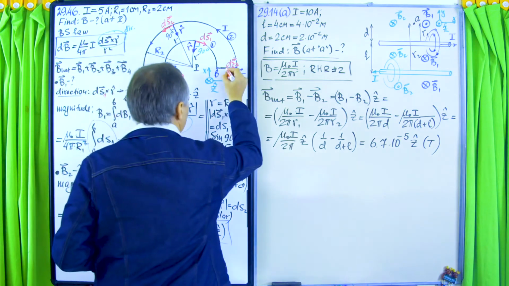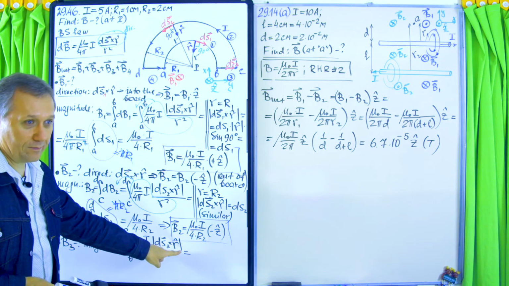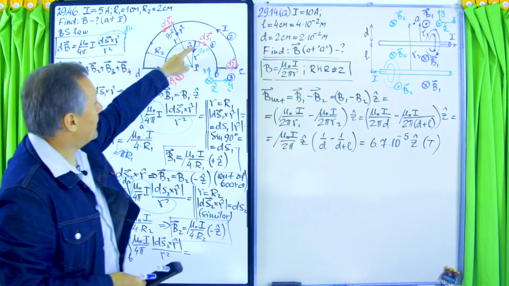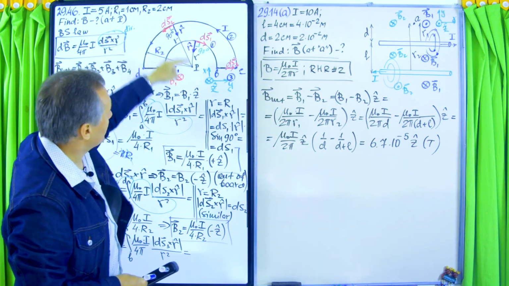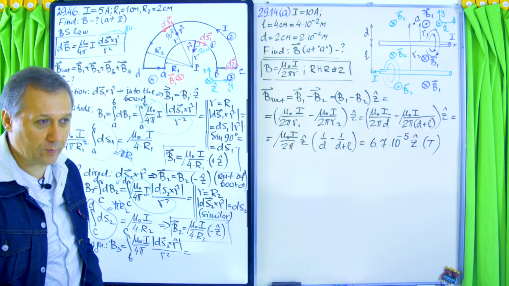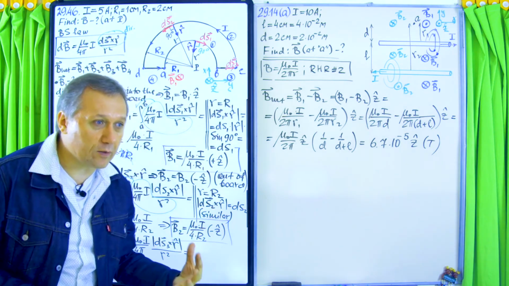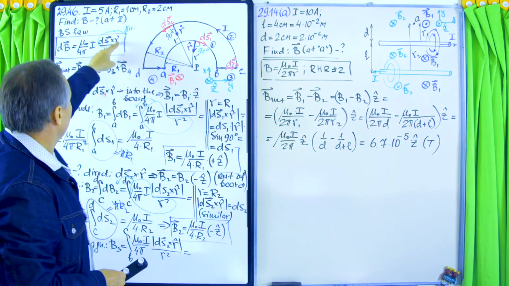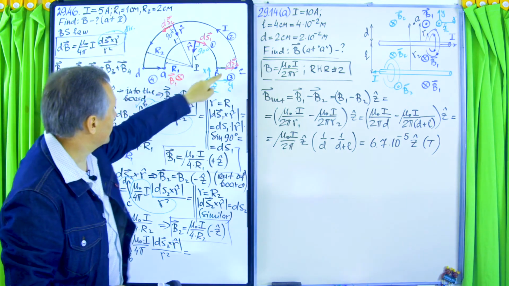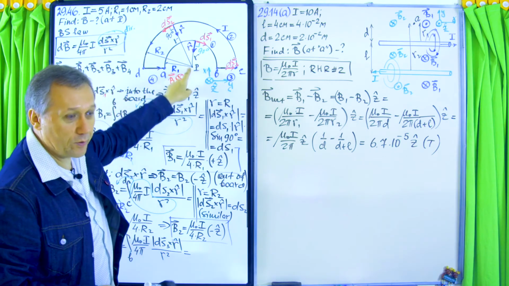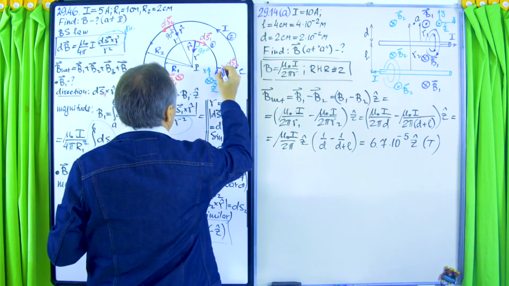So I drew ds3. Then what's the direction of r hat? Like everywhere else, it's from the section to the point in question, from the section to the point where we want to find the value of the magnetic field. So here it should be the same, from ds, because that's how we wrote down the Biot-Savart law. So from ds to this point, I can draw my r hat.